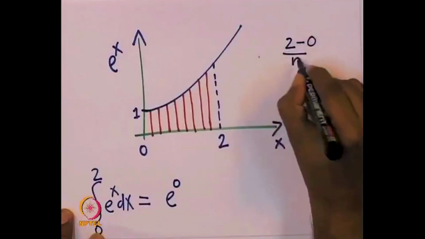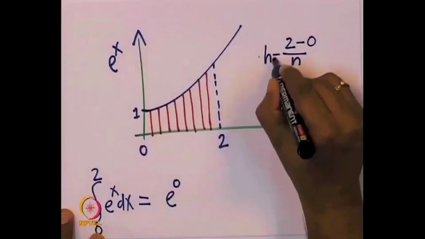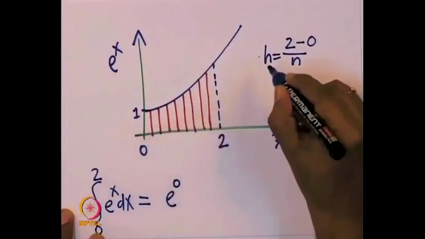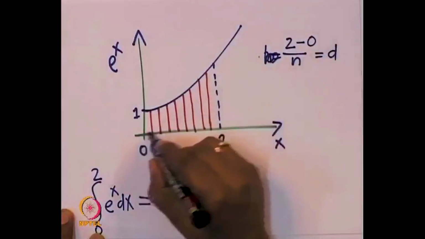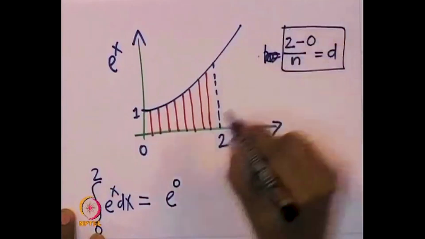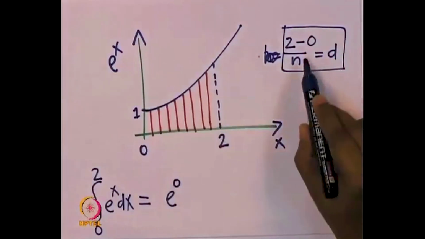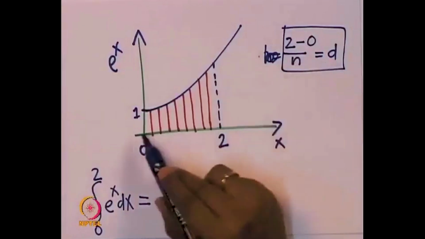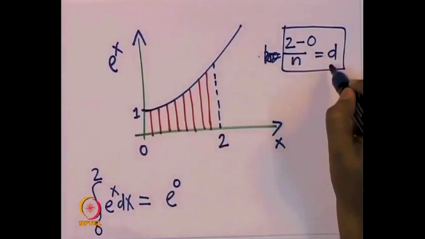Each interval will be 2 by n. Let me call d the width of this interval. This d will be 2 by n, because between 0 and 2 I divide into n intervals, and all of them are equal. So, each interval will have width 2 by n.